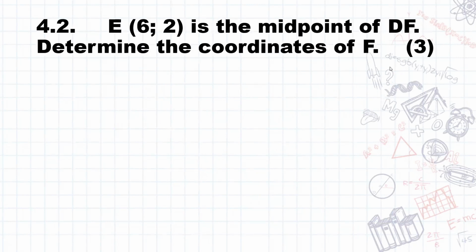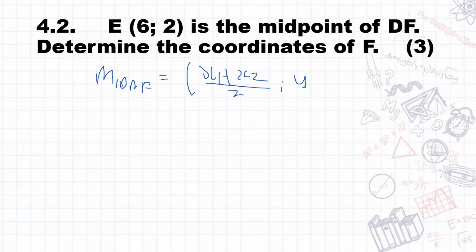The next question says, E (6, 2) is the midpoint of DF. Determine the coordinates of F. So the first thing we think of is the midpoint formula. We know that the midpoint of DF is (x1 plus x2) over 2 and (y1 plus y2) over 2.